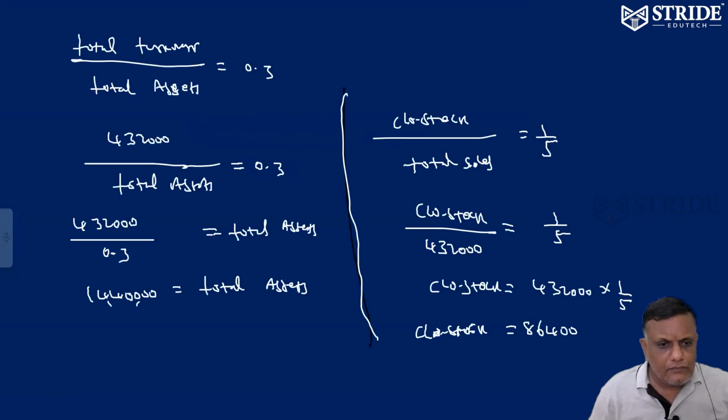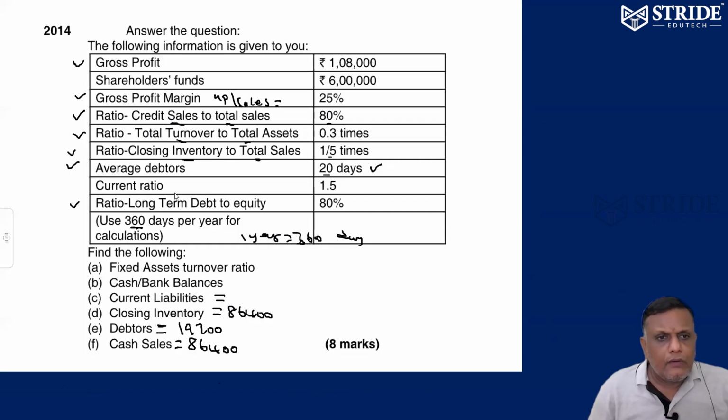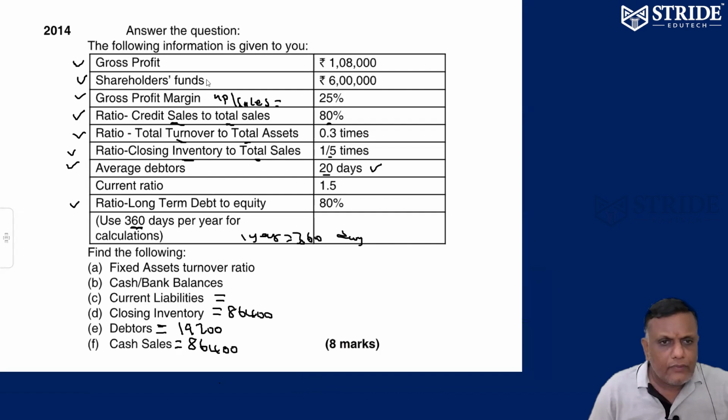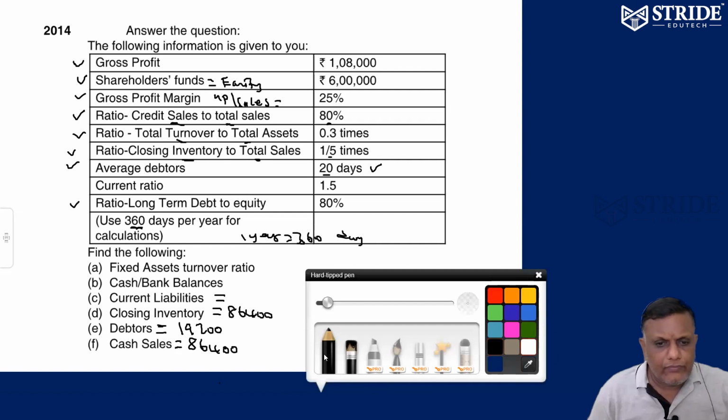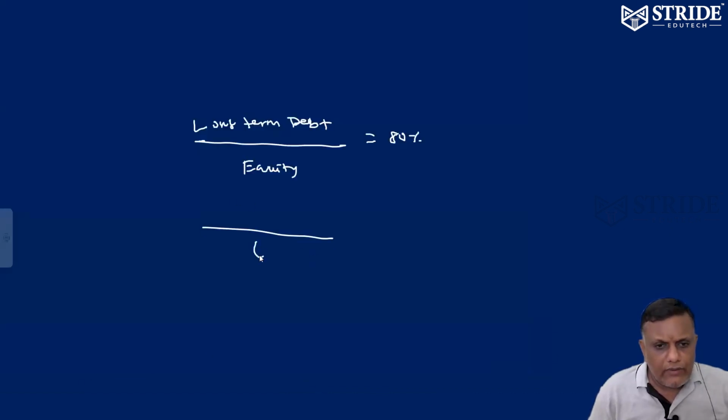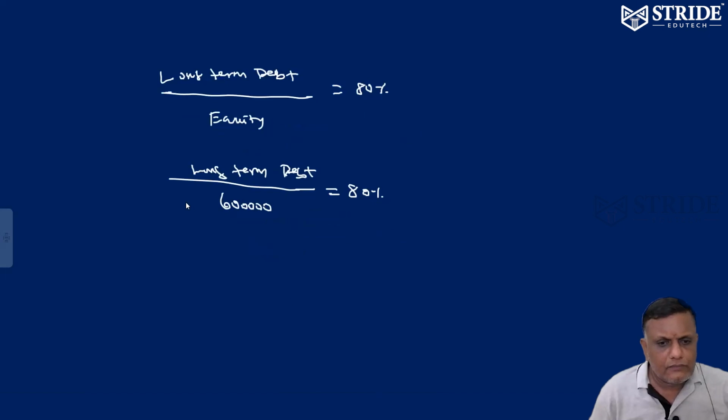Okay. What is shareholder equity? Equity is equal to shareholder funds. Shareholder funds is nothing but equity. How much equity? 6 lakhs. So equity 6 lakhs is equal to 80%. Now this is long-term debt by equity 80%.